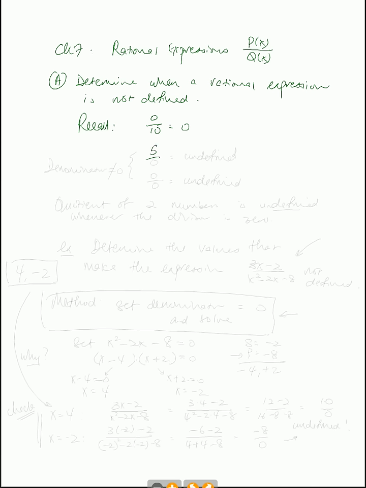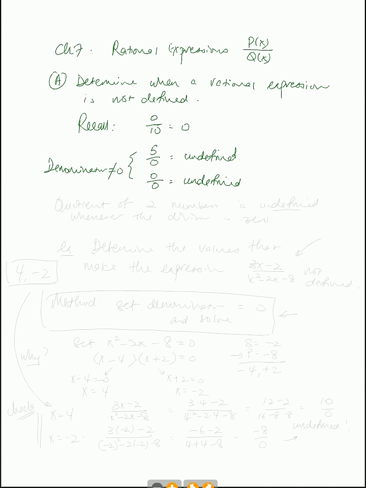But when you have 5 divided by 0, for example, that's going to be undefined. Similarly, if you have 0 over 0, that's also undefined. So what makes these two undefined is because their denominators in both cases are equal to 0. So hence we say that denominator cannot be 0, because when that happens, your quotient is undefined.